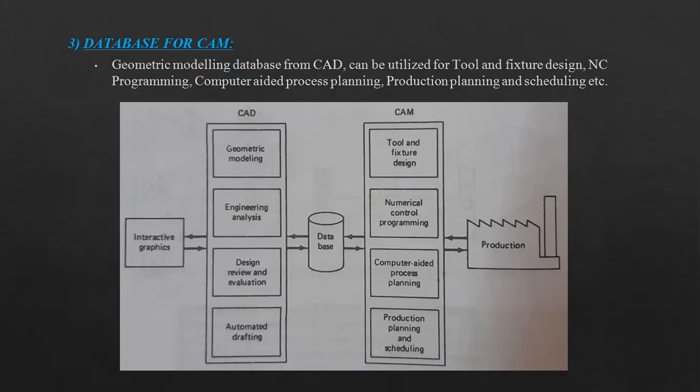Numerical control part programming as well, and computer aided process planning, because based on the features of the product, you will decide the sequence of processes. That will be done by a computer. Then production planning and scheduling. So you see the geometric modeling database from CAD can be utilized for all of this. That is another downstream application of CAD. Clear?